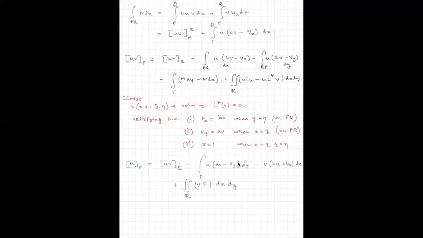So this happens because you'd remember that L of u is equal to f, right? L of u is equal to f, the other function vanishes, and that's what you get.